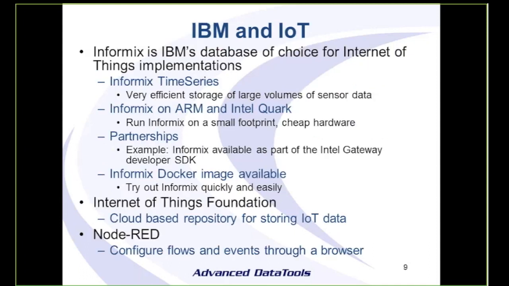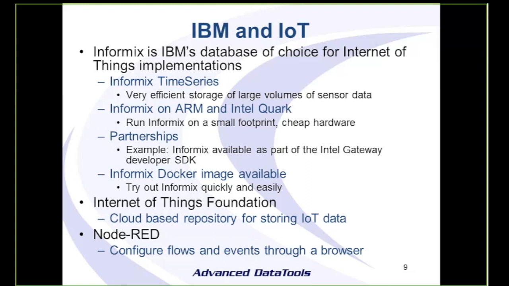So IBM and Internet of Things. IBM have done a number of things in the Internet of Things market. One of them is an Informix database, which is one of IBM's products, and that Informix database has been chosen as IBM's choice for the Internet of Things.